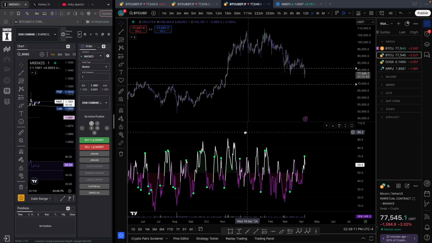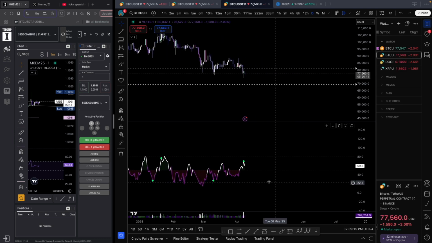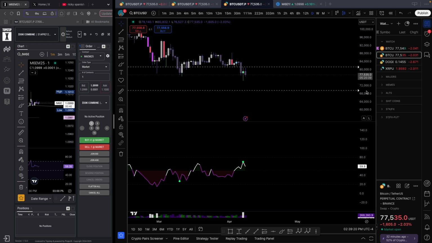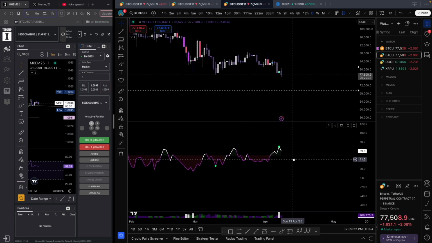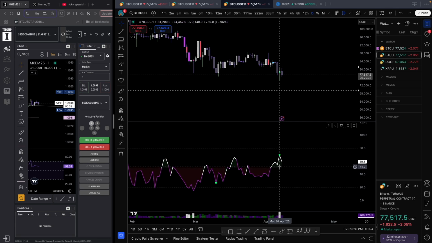All right, so what I've been noticing on the daily, if you watched the video that I posted a few days ago, or yesterday actually, this is indicating a trend change. These prints are indicating some type of trend change.